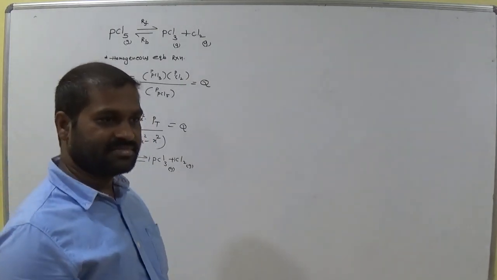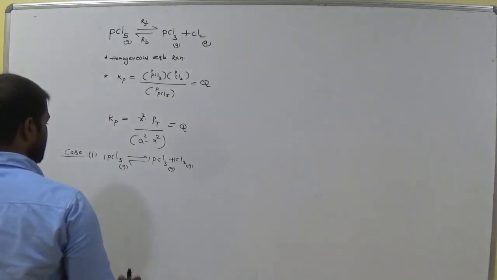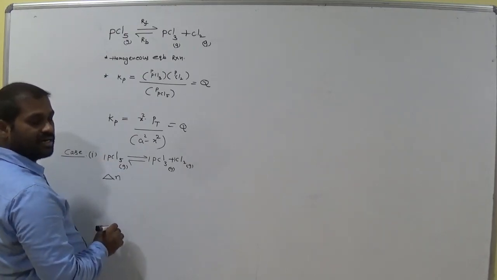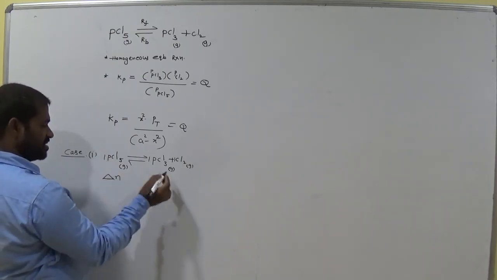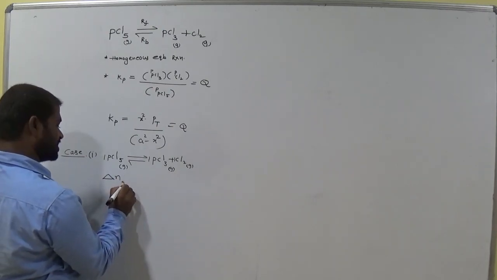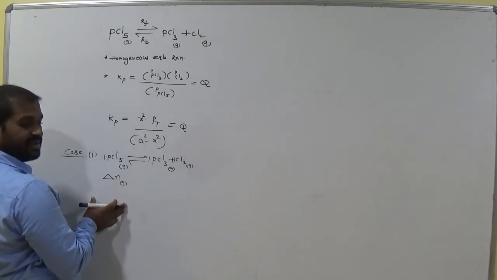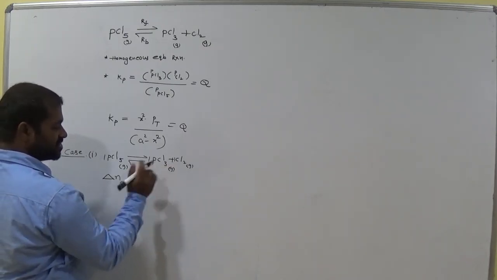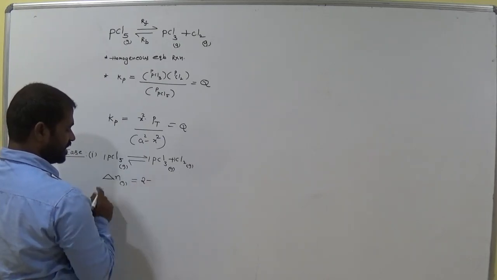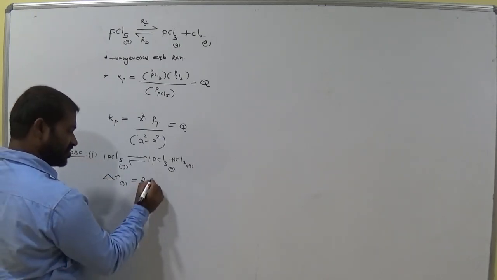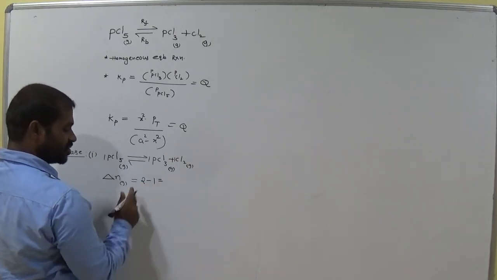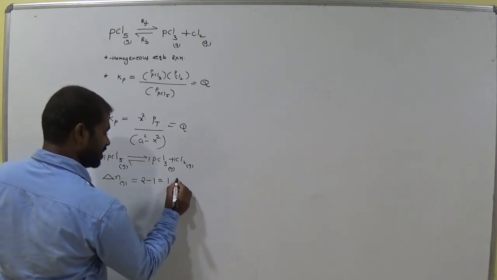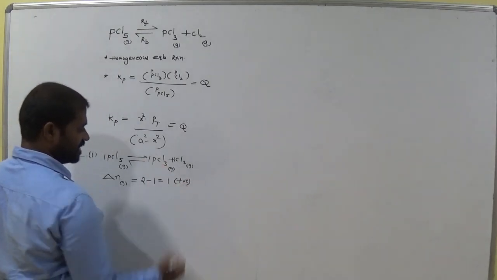Is it clear? So now delta n, that means change in number of moles. It is a gaseous equation, so represent as delta Ng, the change in moles. Moles of products, 1 plus 1, how much? 2. Moles of reactant side, 1. That equals 2 minus 1, how much? 1. It is clearly positive.